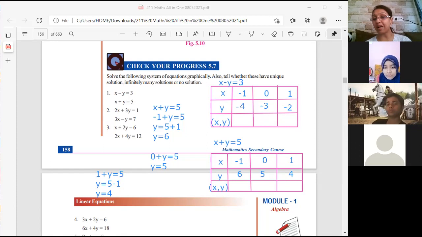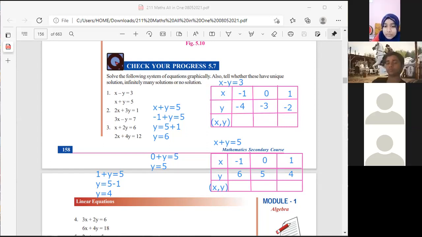So what will I do? I will have to plot these points on the graph. To plot these points on the graph, first let me write them down. I'm going to write minus 1, comma, minus 4 as the first point. My second point is 0, comma, minus 3.